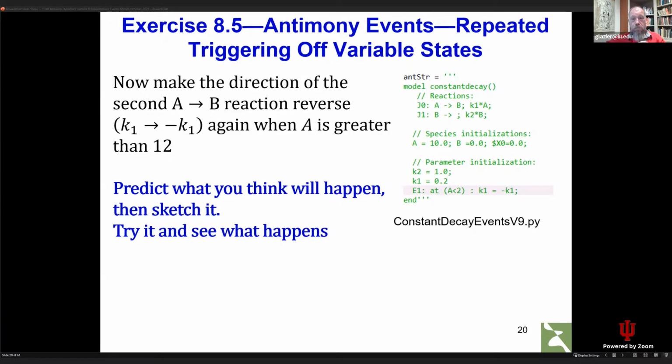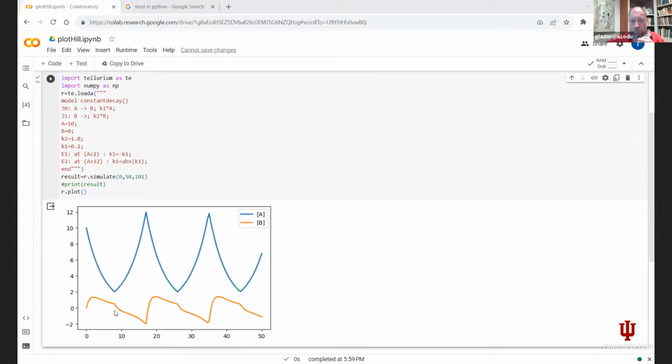Let's have Ibrahim tell us what happened. When we hit 12, it flips again. When A hits 2, it flips, and then when it hits 12 again, it flips again.